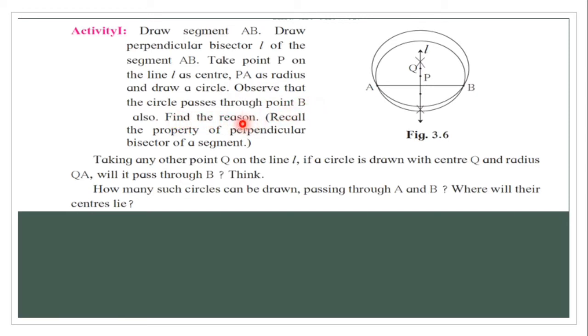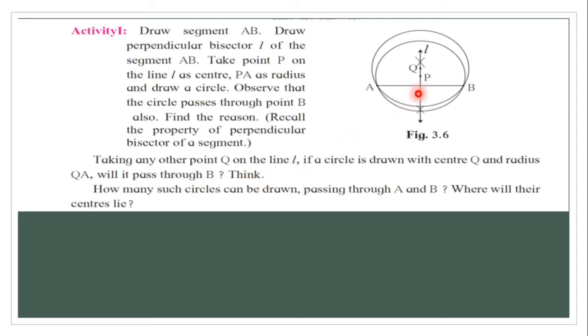Observe that the circle passes through point B also. Find the reason. The reason is that we have studied already the property of the perpendicular bisector of a segment. Now the main question is: taking any other point Q on the line L, if a circle is drawn with center Q and radius QA, will it pass through B? Think.